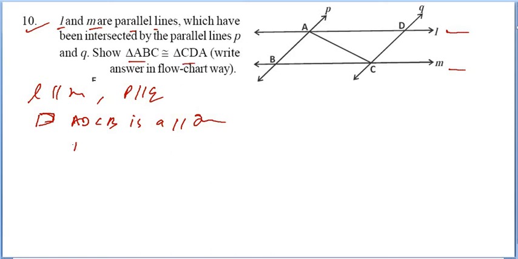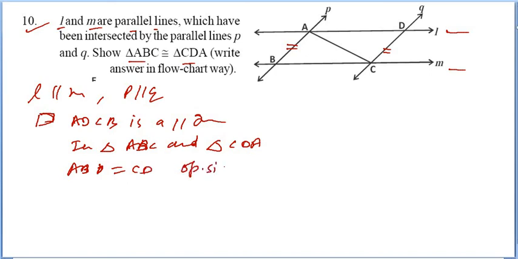So now take triangle ABC and triangle CDA. ABC is here and CDA is here. You can see AB is equal to CD, opposite sides of a parallelogram.